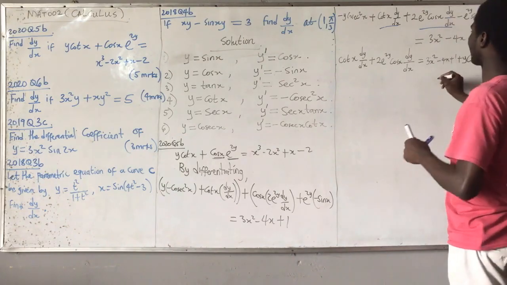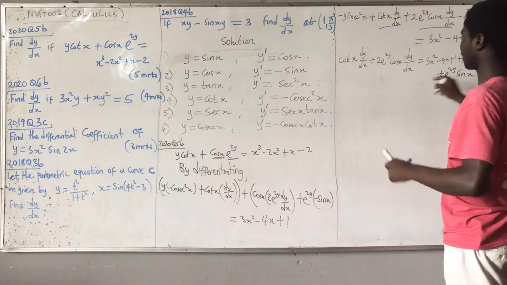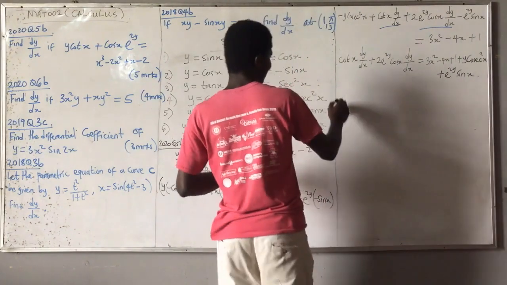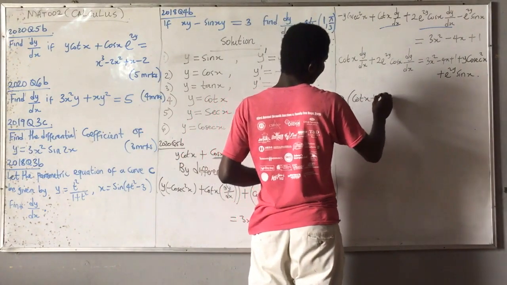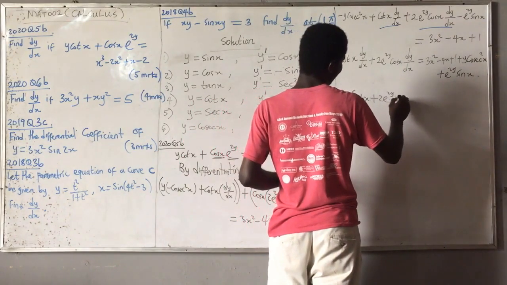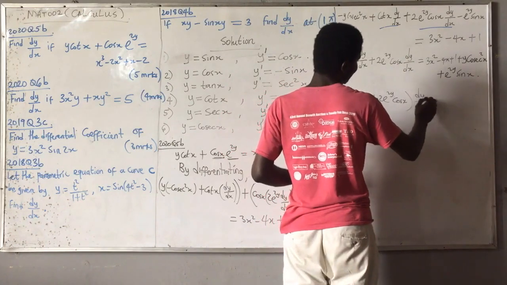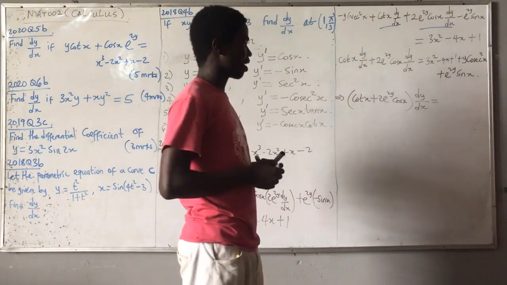This one too will come to the other side, plus e raised to power 2y sin s. Factorize the dy/ds here. I'm almost rounding off. This one will remain cos s plus 2e raised to power 2y cos s, dy/ds is equal to all these things on the right hand side.